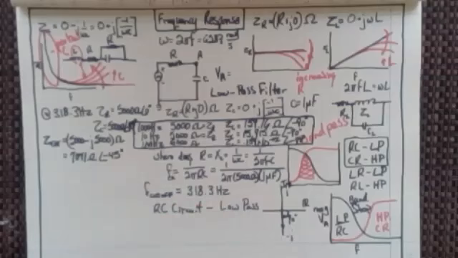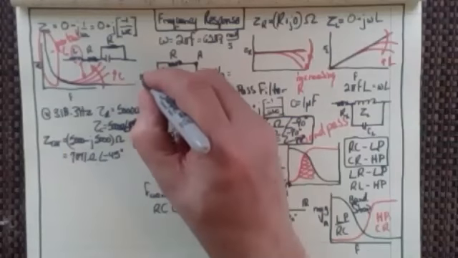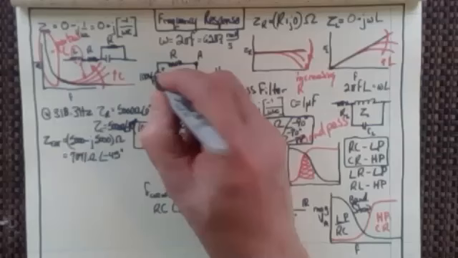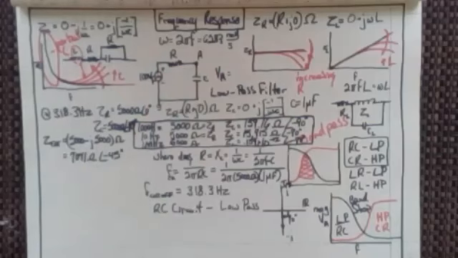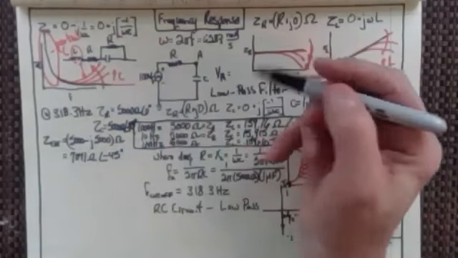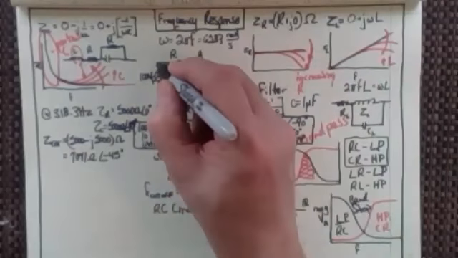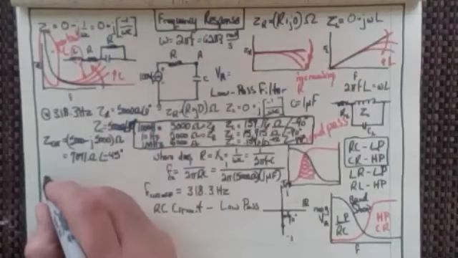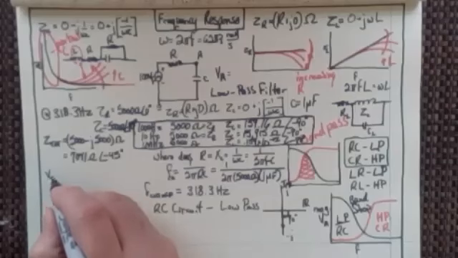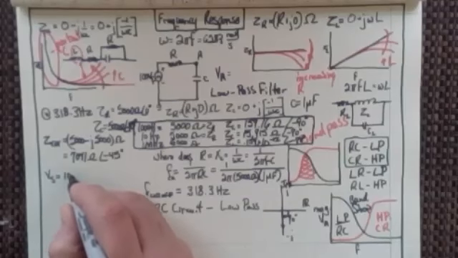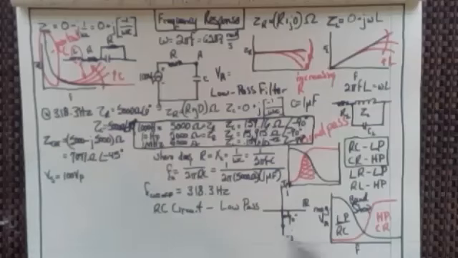Okay, so that's what we've got for the total impedance at the cutoff frequency. So if I made this 100 volts peak, right at that point, and of course, if we wanted to write that voltage, my voltage out of the source is going to be 100 volts peak, right?